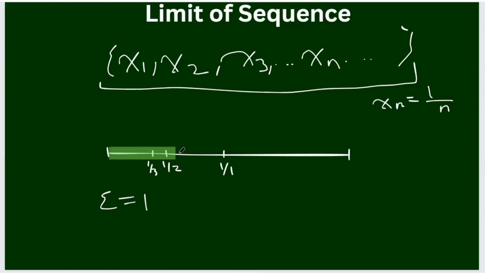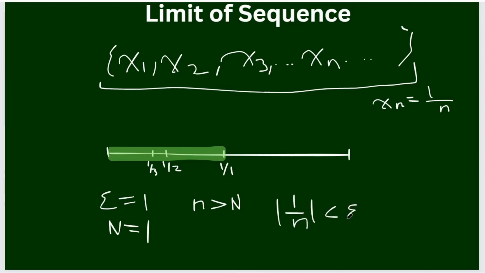Epsilon equal to 1 is this, right? Then we give that the capital N is equal to 1. So for any small n that is greater than capital N, the absolute value of 1 over n is going to be smaller than epsilon.